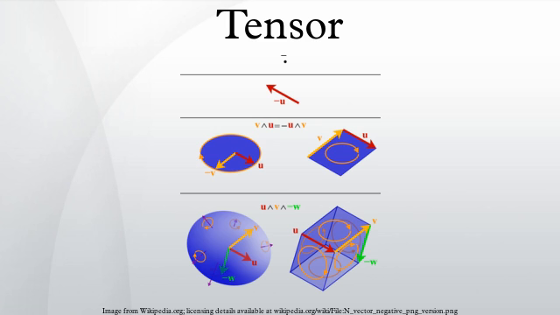Tensor calculus was developed around 1890 by Gregorio Ricci-Curbastro under the title Absolute Differential Calculus, and originally presented by Ricci in 1892. It was made accessible to many mathematicians by the publication of Ricci and Tullio Levi-Civita's 1900 classic text Méthodes de calcul différentiel absolu et leurs applications.